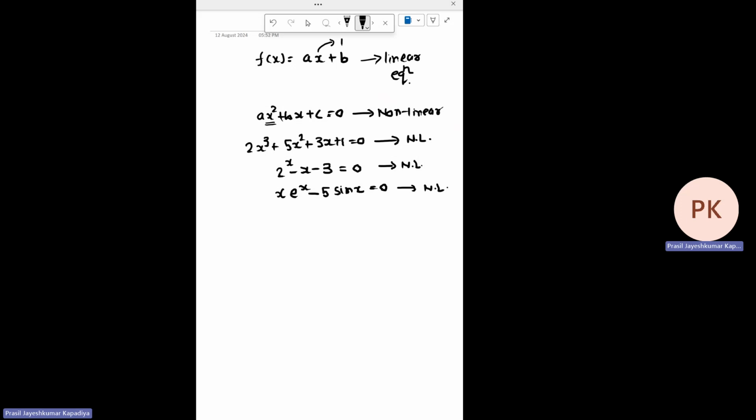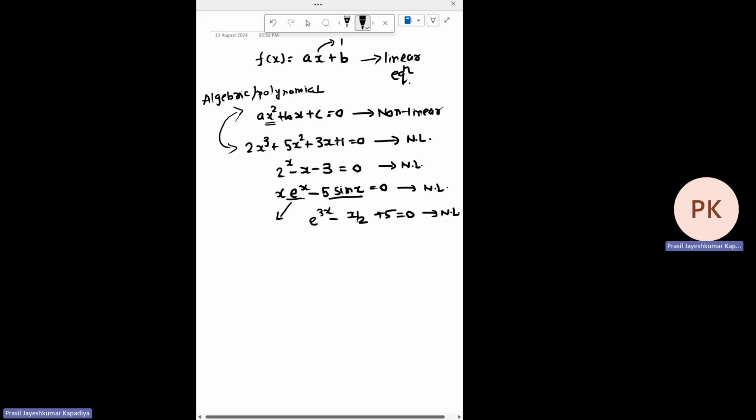The difference is that this kind of nonlinear equation is called algebraic or polynomial. And this kind of equation, where e raised to x, sine x, one more example we can take as e raised to 3x minus x by 2 plus 5 is equal to 0, is also a nonlinear equation.